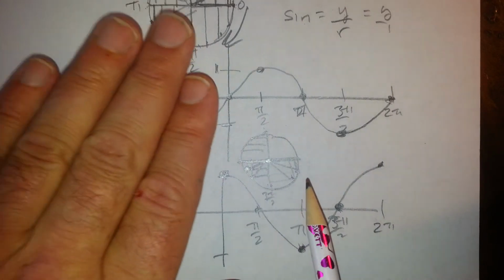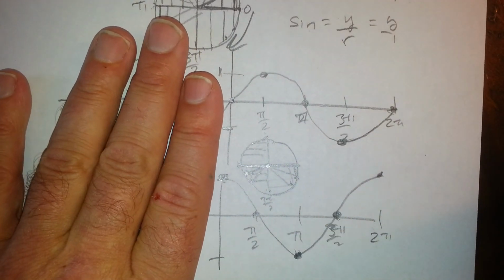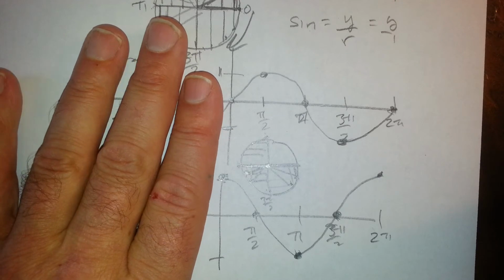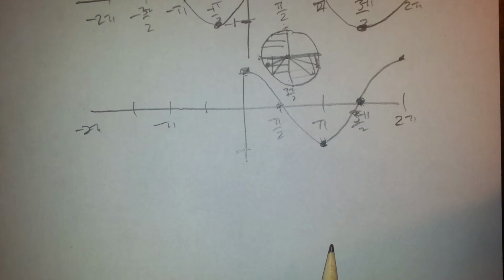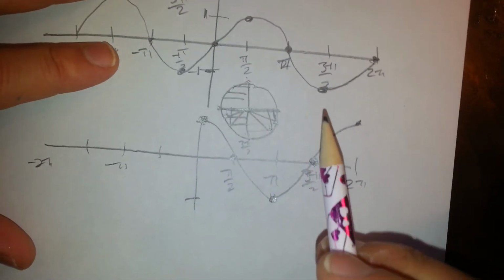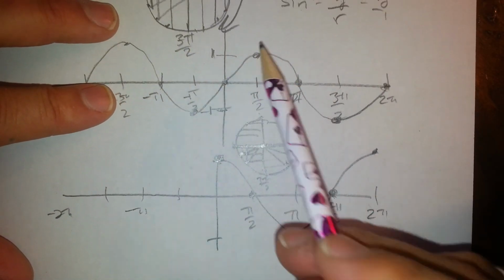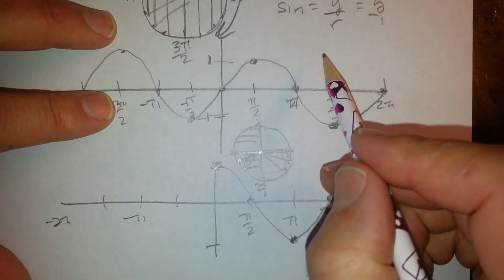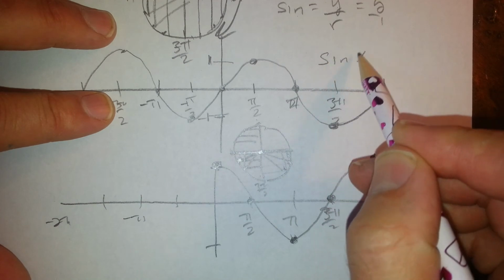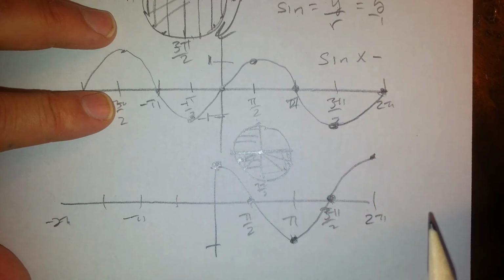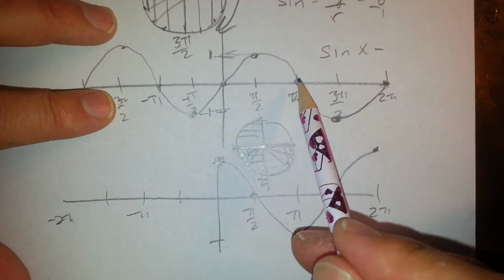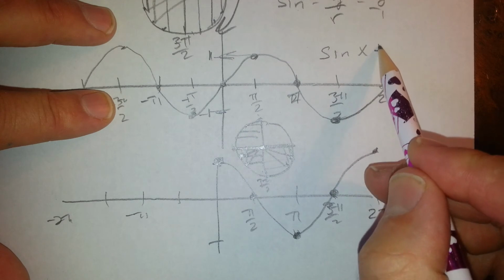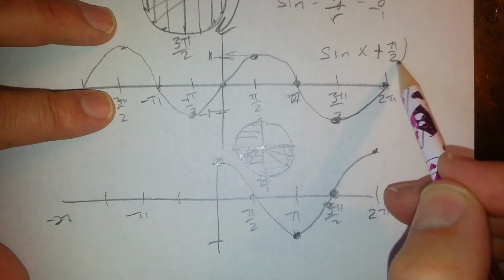So you need to know, here's your two graphs, and notice the difference. Very important: this sine graph, if I take the sine graph of x and do a horizontal shift back pi halves this way, and to go left it's plus pi halves.